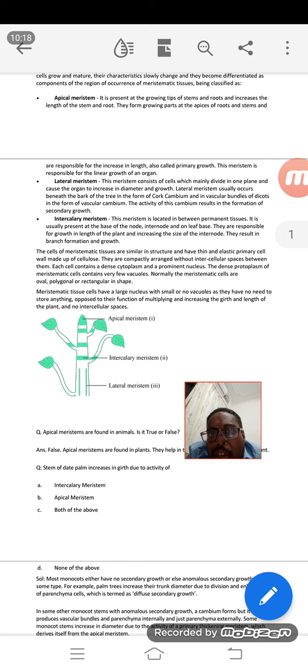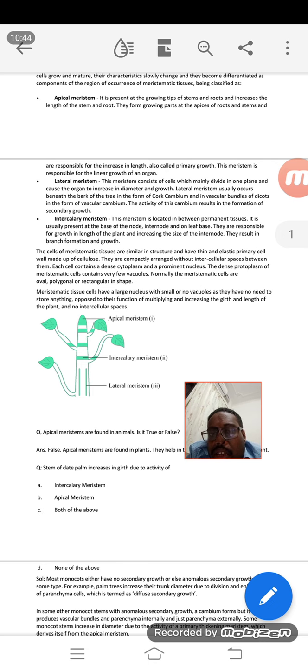When we talk about meristematic tissues, they are very elastic in nature and arranged very compactly, and they are very rich in cytoplasm and contain only few vacuoles. Why do they contain only few vacuoles, or sometimes no vacuoles?